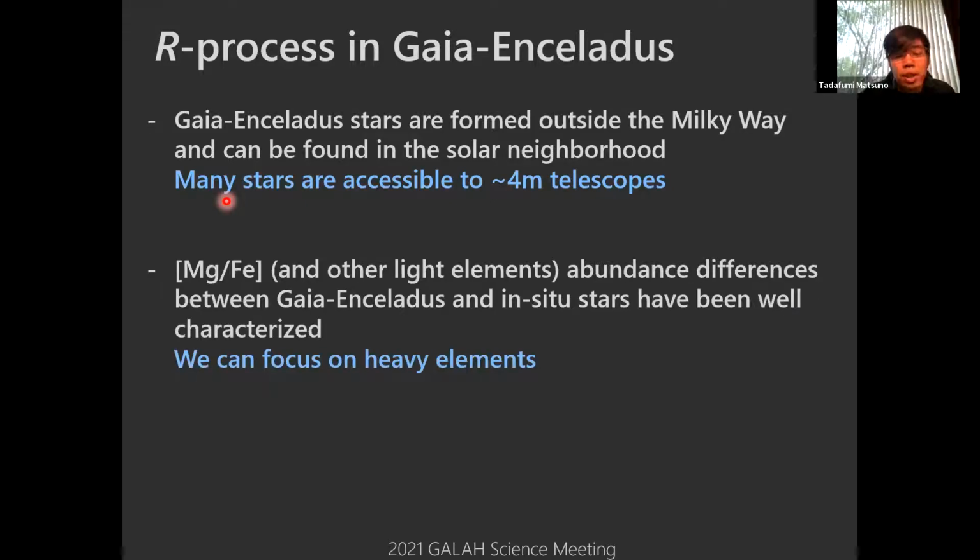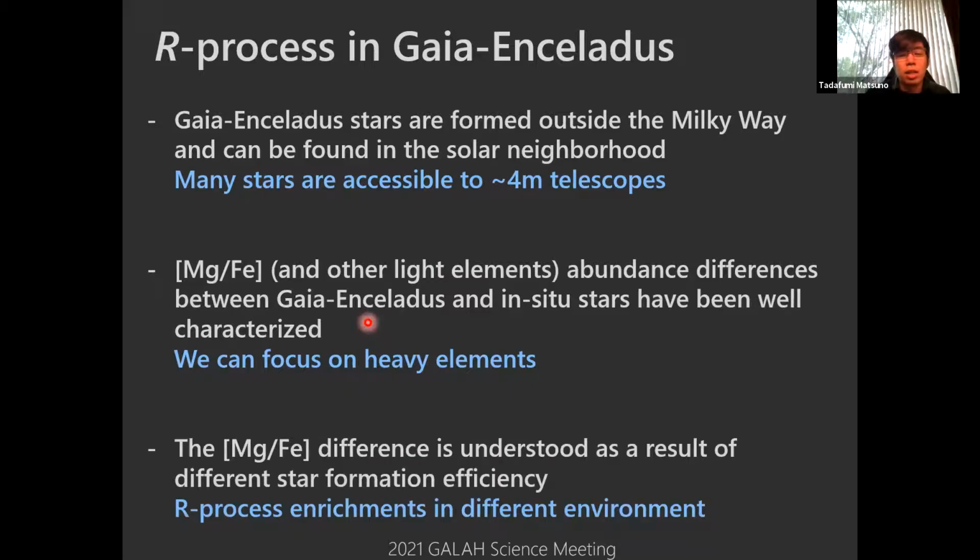The second point is that previous studies have characterized light element abundances of Gaia-Enceladus, especially magnesium over iron. So we can now really focus on heavy element abundances. And this abundance feature of Gaia-Enceladus has been well understood as a result of different star formation efficiency, in the sense that Gaia-Enceladus has a lower star formation efficiency.